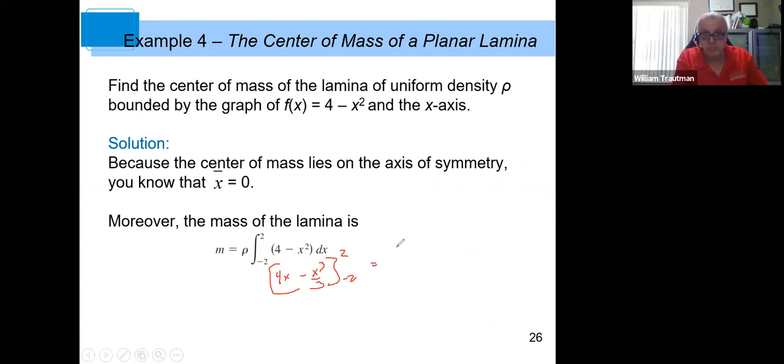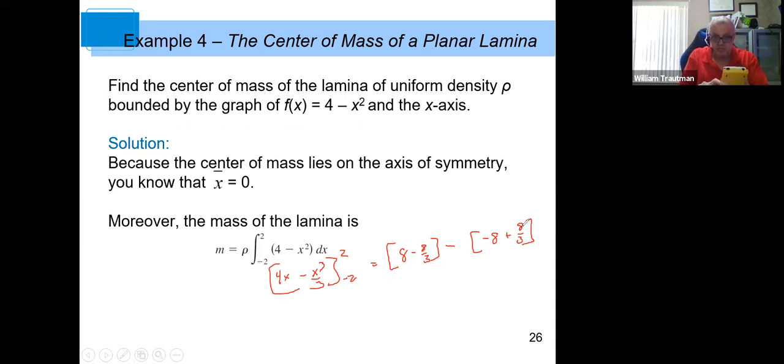And I want to put 2 in there. I get 8 minus 8 over 3. Subtract, put -2 in there. I get -8 plus 8 over 3.